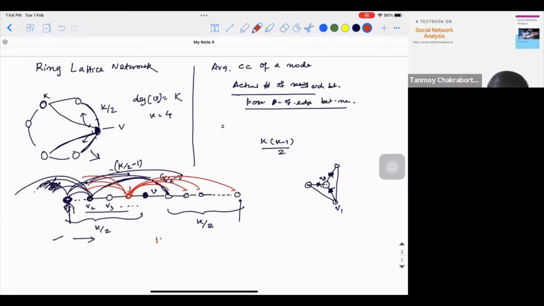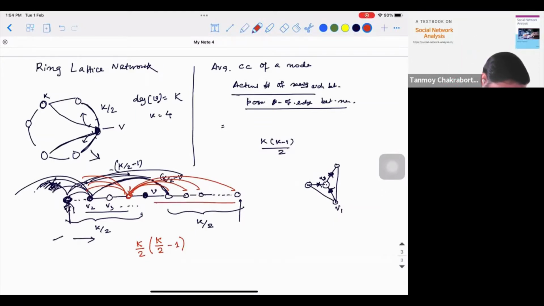So the total number of edges that we consider for each left side node is k by 2 minus 1. So how many such left side nodes are there? K by 2. So k by 2 into k by 2 minus 1. This is the number of edges that we consider with respect to the left side neighbors of V. Okay, so this part is done.